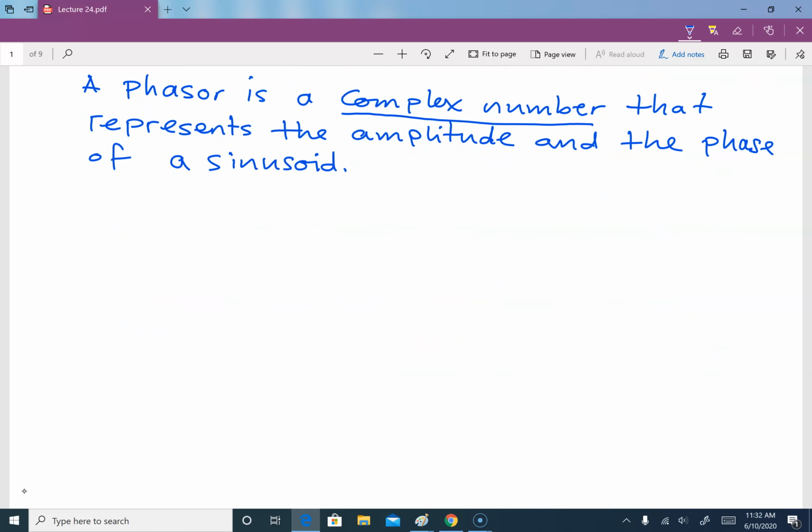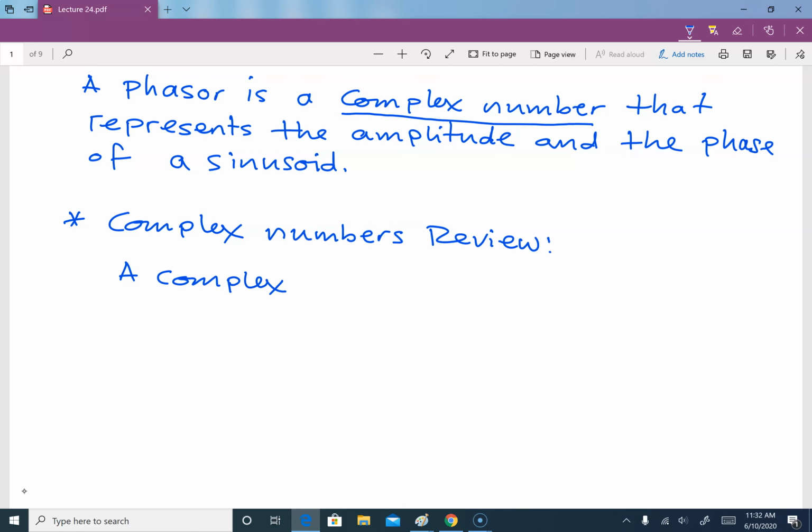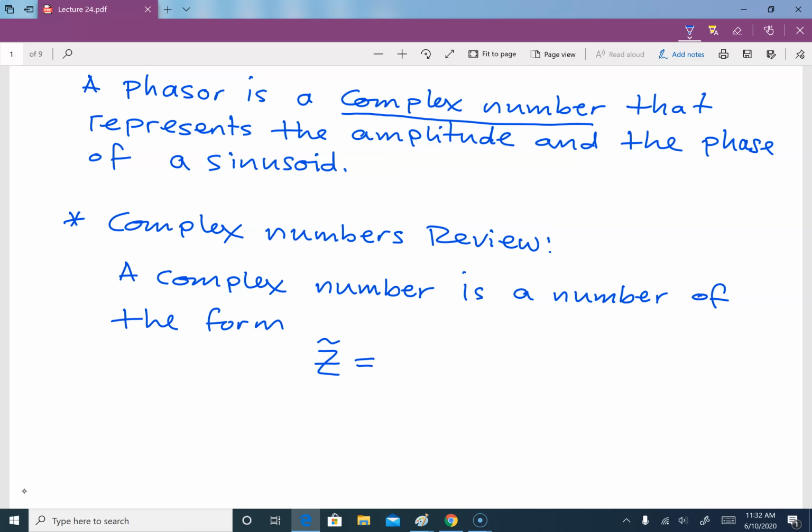So let us have some review about complex numbers. The first thing: a complex number is a number of the form z is equal to x plus jy.